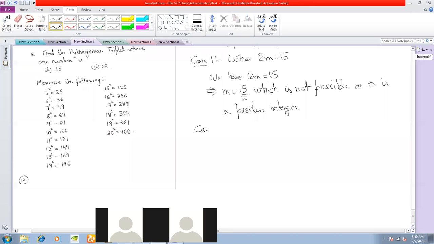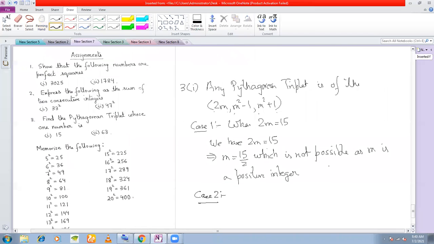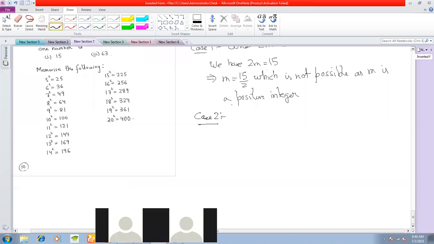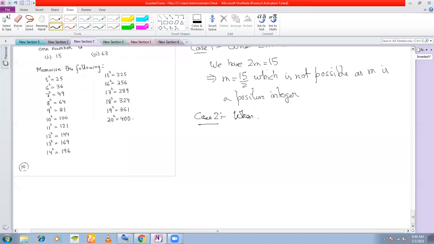Case 2. What is the next case? Next case is when m squared minus 1 is equal to 15. So we have m squared minus 1 is equal to 15.